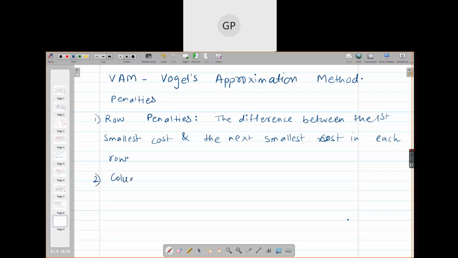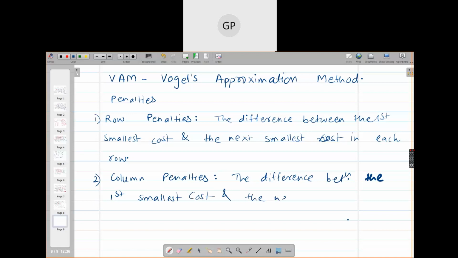Similarly, we calculate column penalties: the difference between the first smallest cost and the next smallest cost in each column.